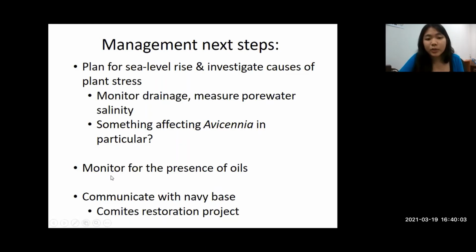And we also could monitor for presence of oils. Oils will probably be pretty readily visible, like on the surface, looking at little slicks. It shouldn't penetrate too far, and mangroves also have pretty shallow roots as well. And then communicating better with the Navy, we can learn more about their restoration project and their plans for sea level rise as well.